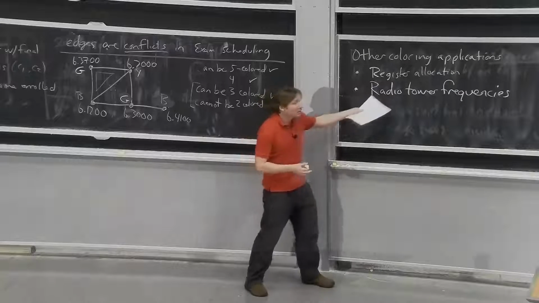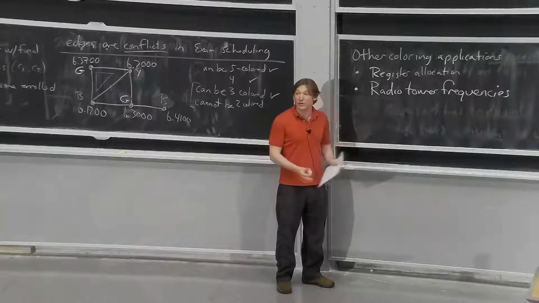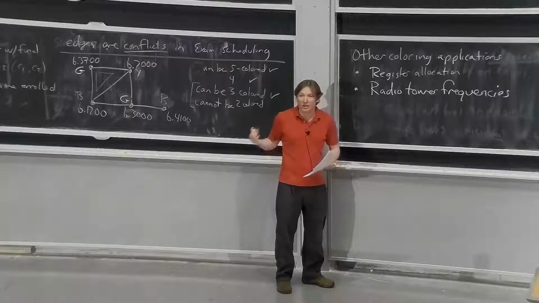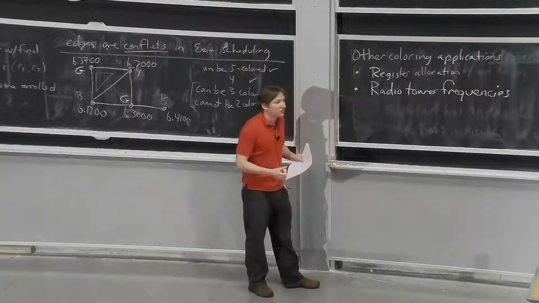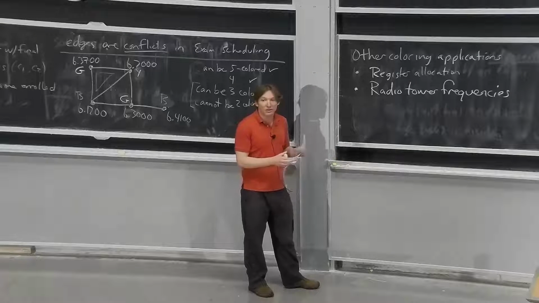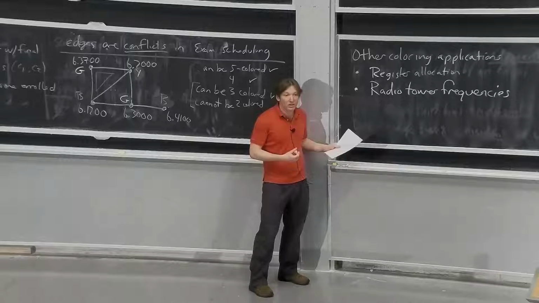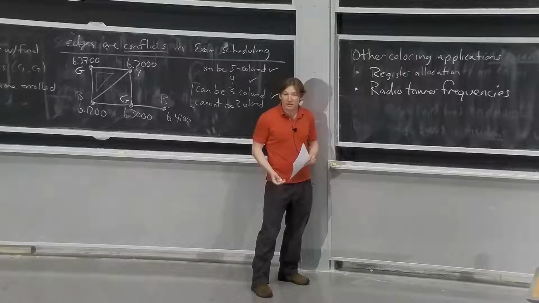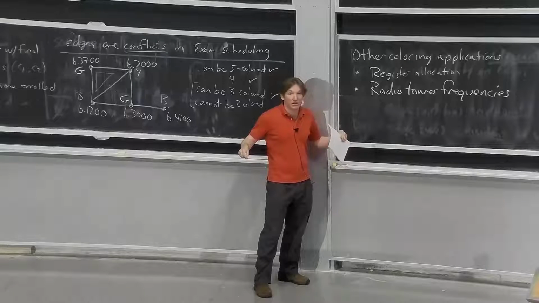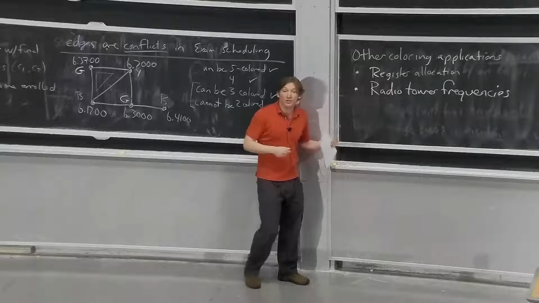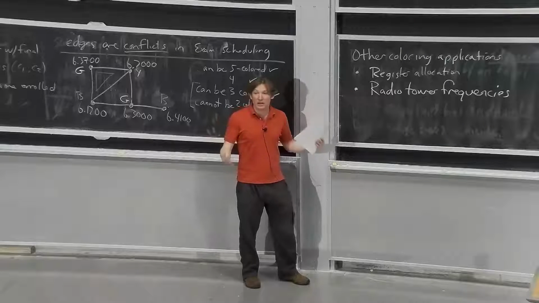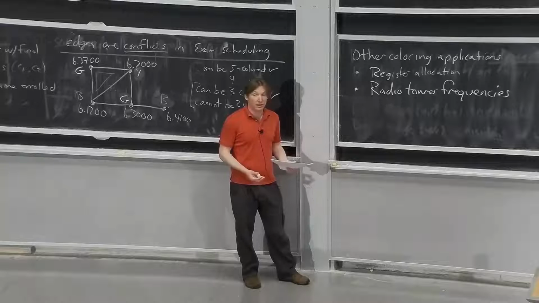So any conflicting towers need to use different frequencies. And this is, again, a graph coloring problem. Draw your conflict graph, color it with a small number of colors. Each color is a different frequency. And since different towers that are assigned the same color don't have an edge in the conflict graph, it means they don't conflict. And so they're allowed to use the same frequency just fine.